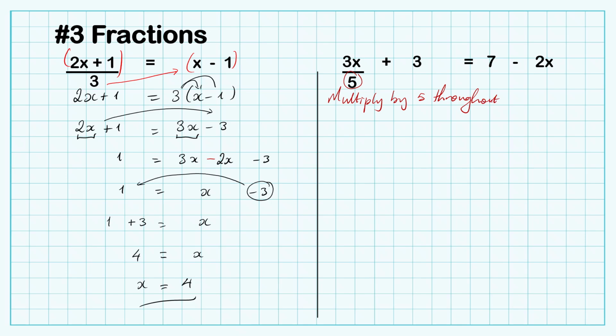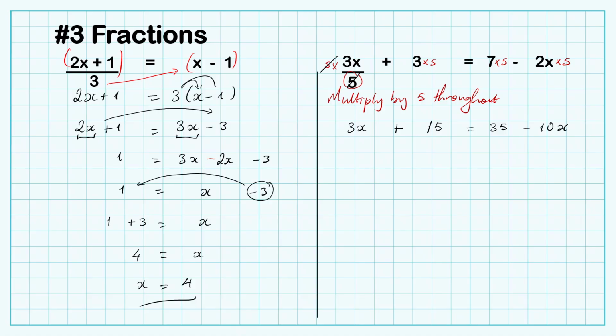So we're going to multiply that by 5 here, multiply by 5, multiply by 5, and multiply by 5. So that leads us to a cancellation of the 5 here. That's precisely why we multiply by 5. And then we get 3x plus 15 equals 35 minus 10x.